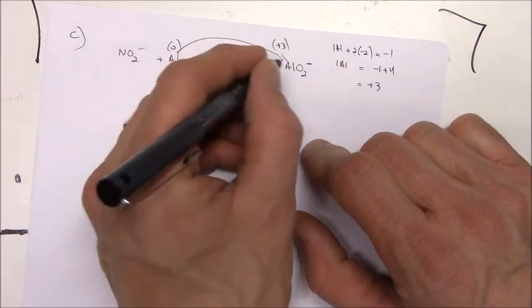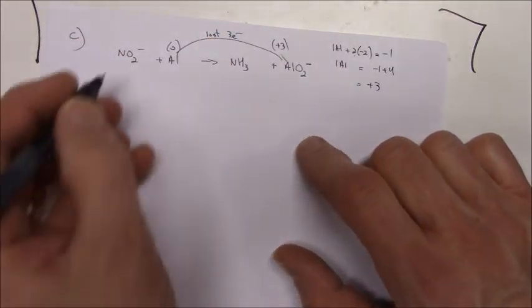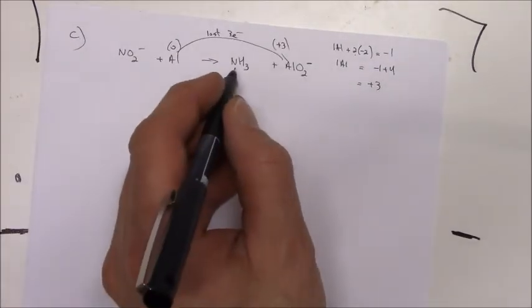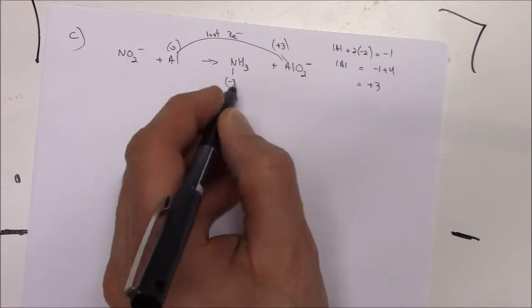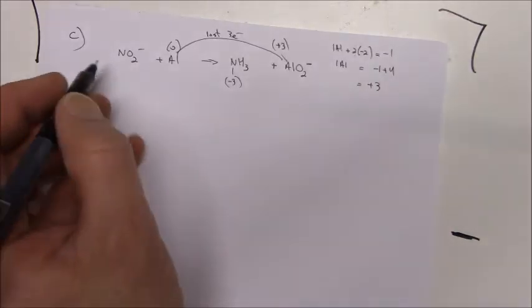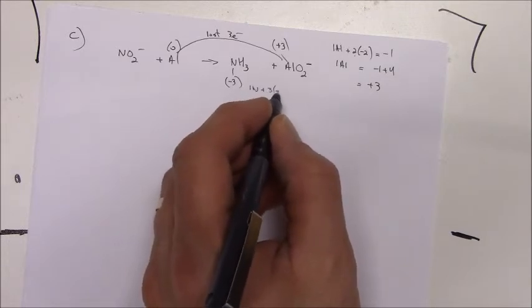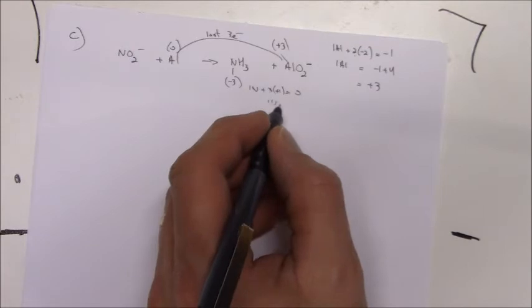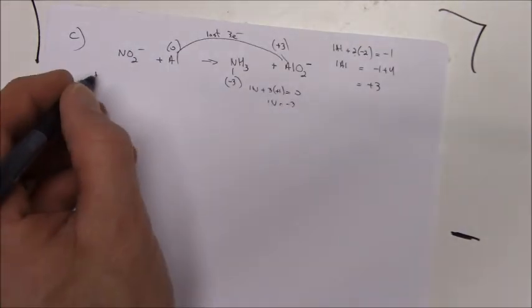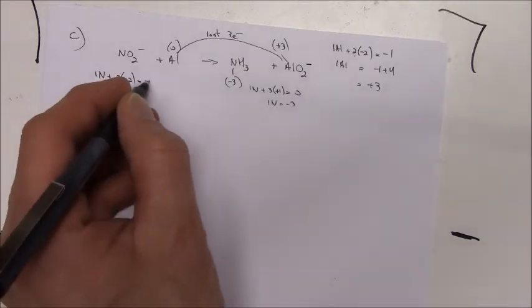So obviously that aluminum has lost 3 electrons. Now this nitrogen, each one of these gives up 1, so this is going to be a -3. And you can work that out. 1 nitrogen plus 3 hydrogens equals 0. 1 nitrogen equals -3. This one you've got 1 nitrogen, 2 oxygens each at -2.